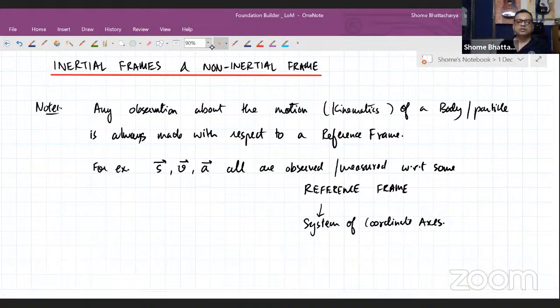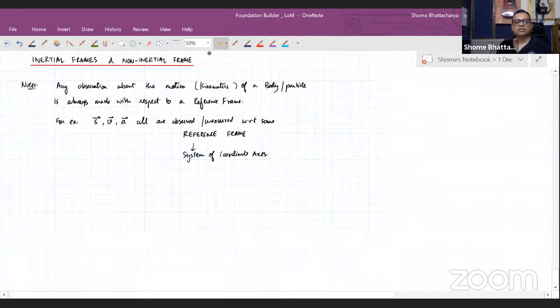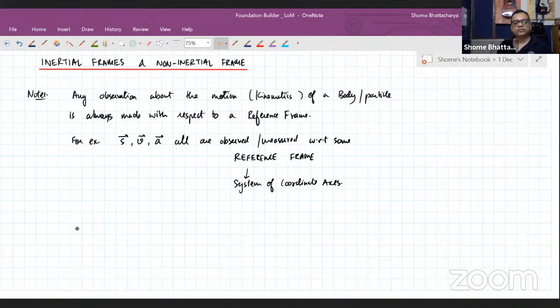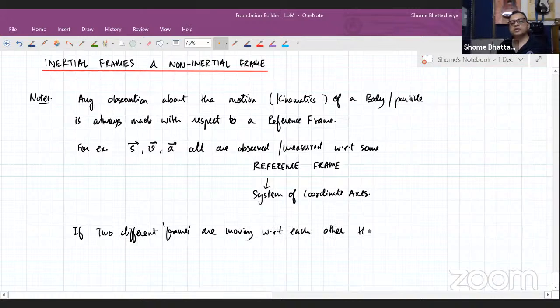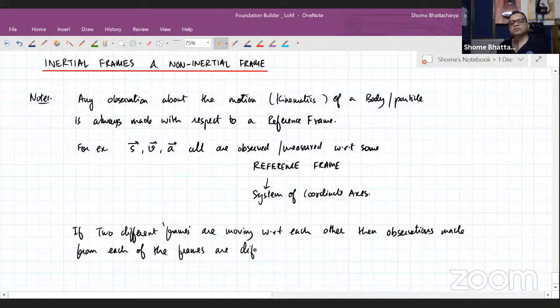So now, if two different frames are moving with respect to each other, then as you know, observations made from each frame are different, because they are relative to that particular frame.